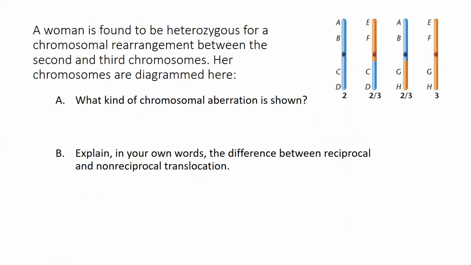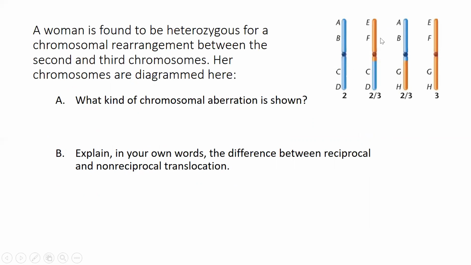So this is a question. A woman is found to be heterozygous for a chromosomal arrangement between the second and third chromosomes. Her chromosomes are diagrammed here.